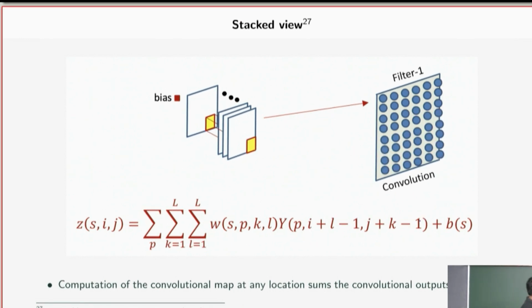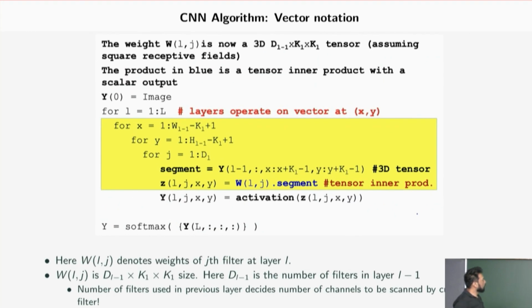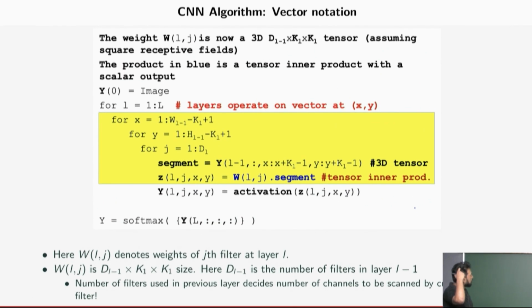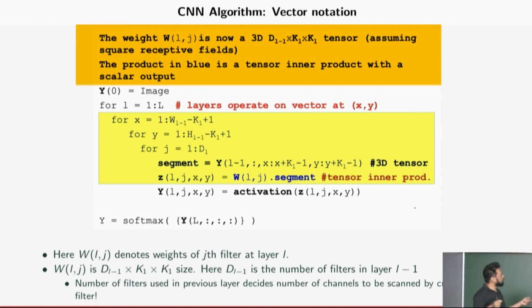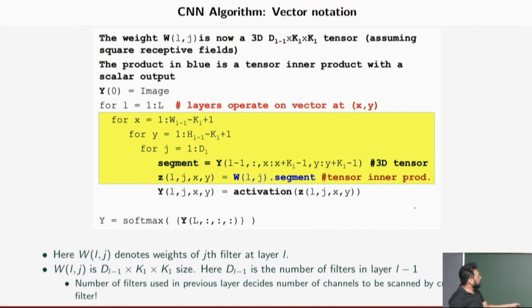Okay, so this is what happens in code. And now W is a tensor, right? So that's what I said. So W is a tensor of basically K1 by K1, and K1 by K1 is your window size.